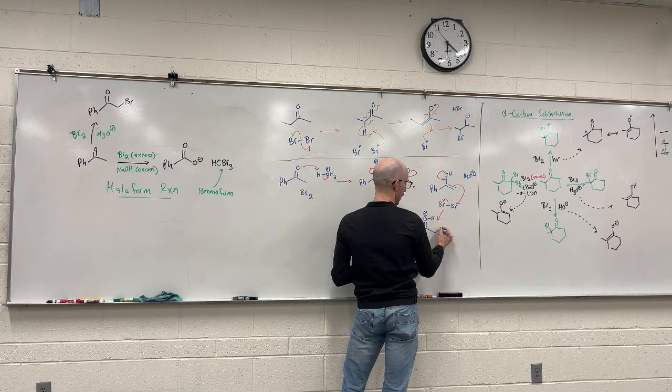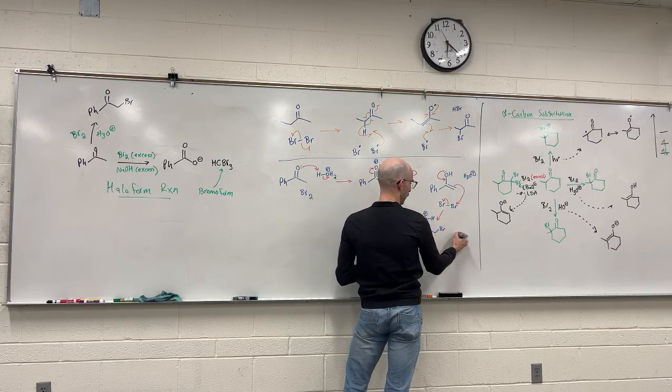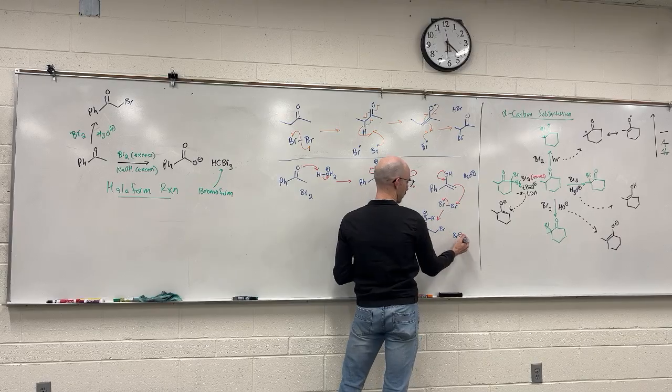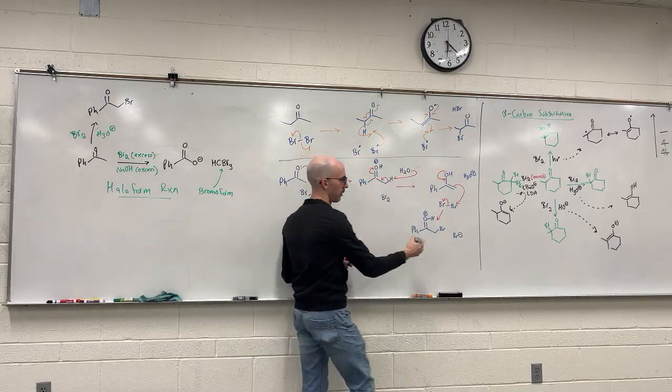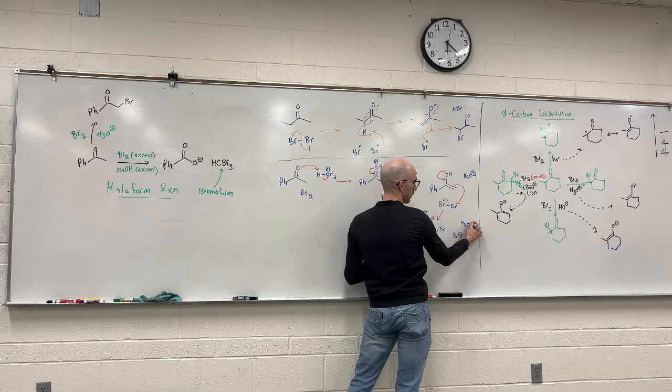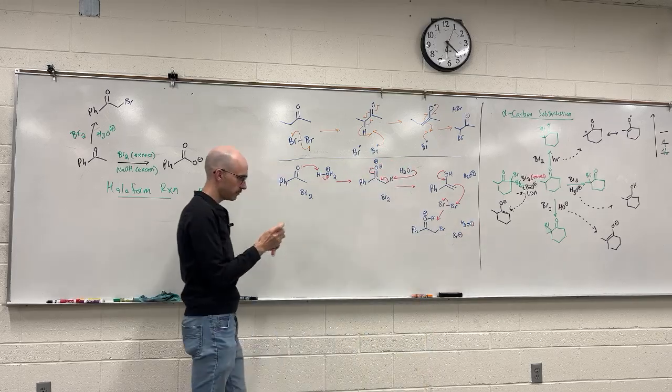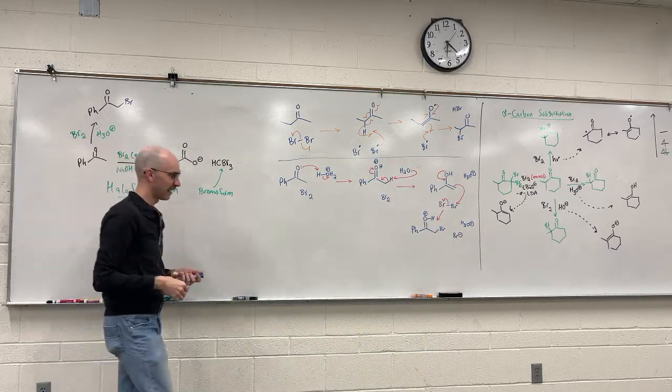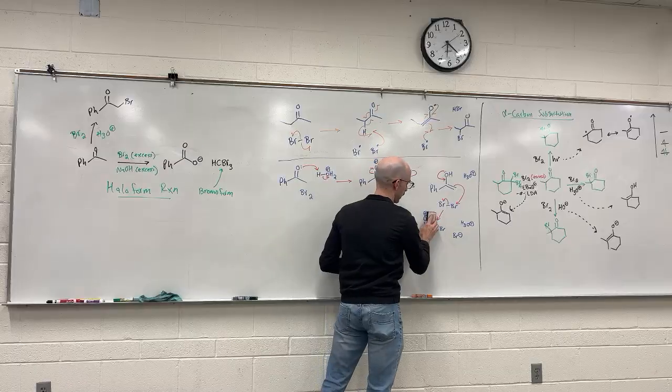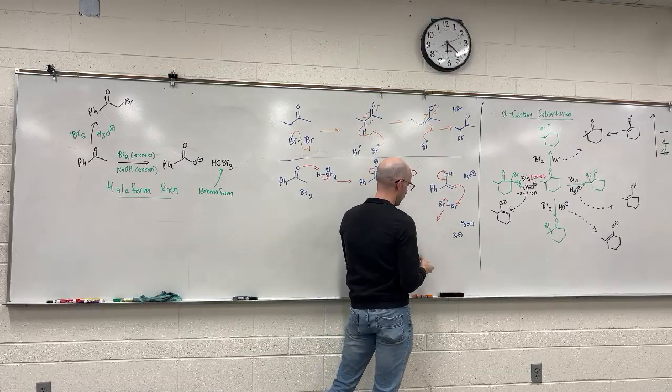So my carbon has now bonded to bromine, and I'm left with bromide. I also have my acid catalyst here, my H3O+. I'm not in a great spot for showing the next step of my mechanism, so I'm just going to shift it down.